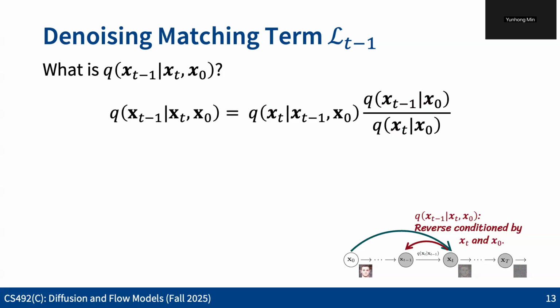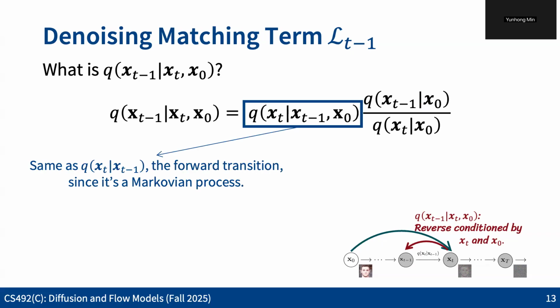If you ignore this x0 part, this is exactly the same form of the Bayes rule that we have seen in the previous lecture. So this is the multiplication of those three terms, and now these are all familiar distributions, right?